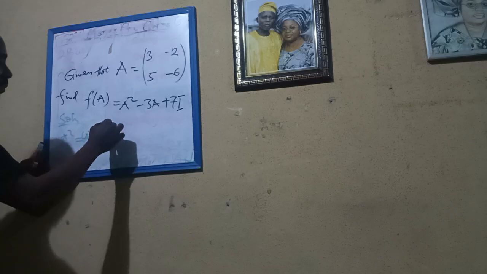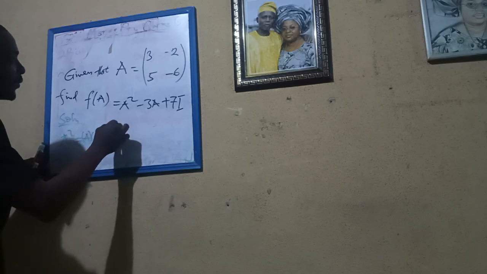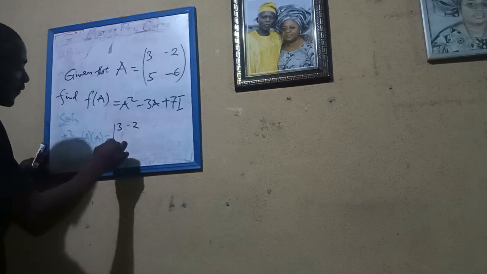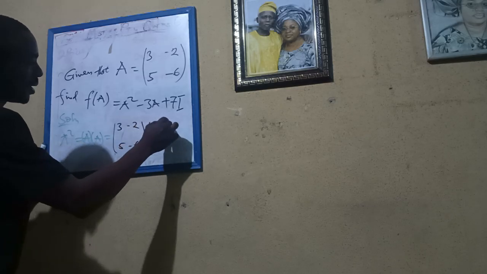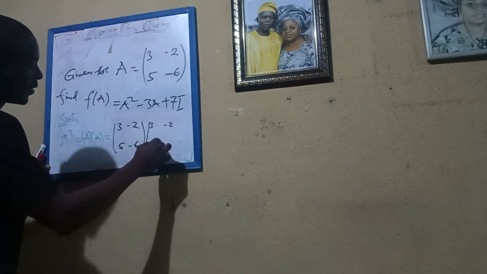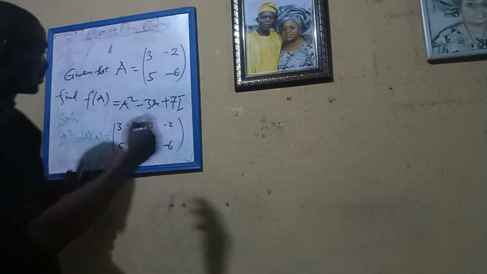So then we can have 3 minus 2, 5 minus 6 multiplied by 3 minus 2, 5 minus 6. Then minus 3 multiplied by A, then plus 7 multiplied by the identity element.